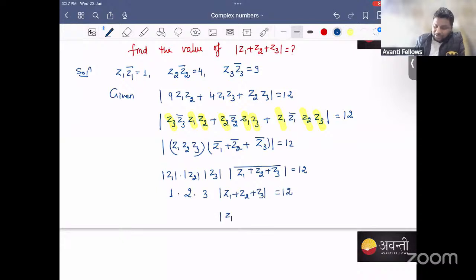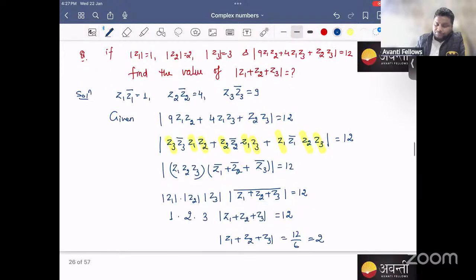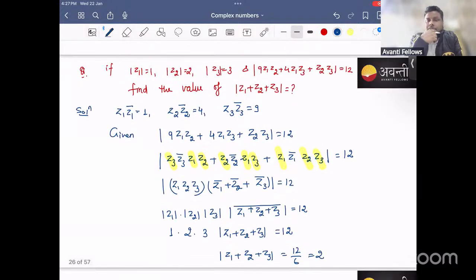So that means magnitude of Z1 plus Z2 plus Z3 is 12 upon 6, that is 2. Have a look. Understood?